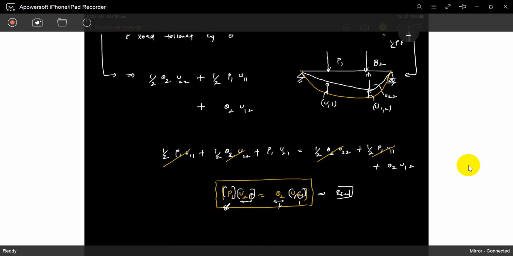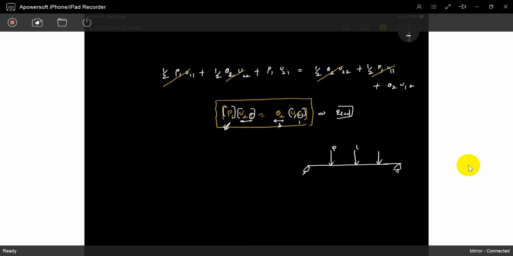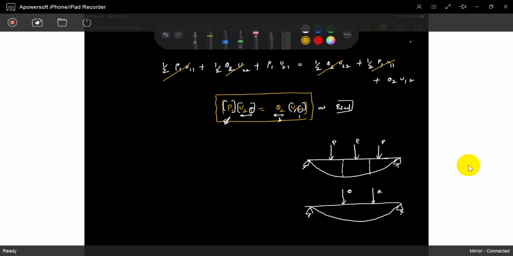So how is it useful? Not only a single load, it is a load system also. Load system means, say, three different P loads, P1, P2, P3, and next a Q system, Q4, Q5.